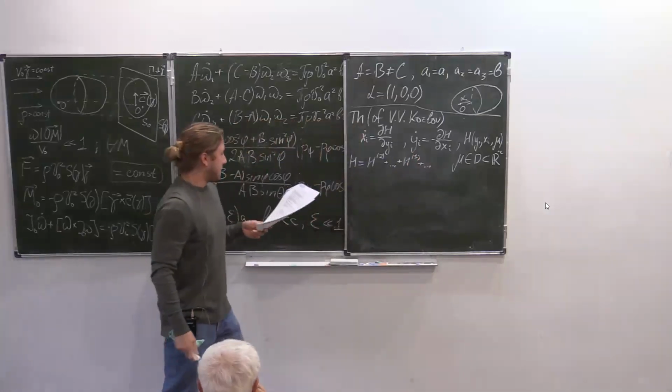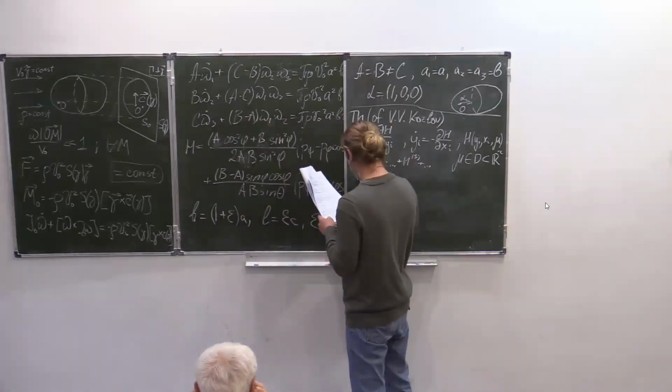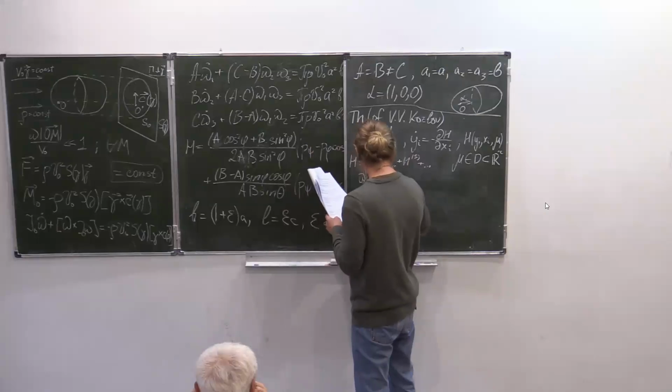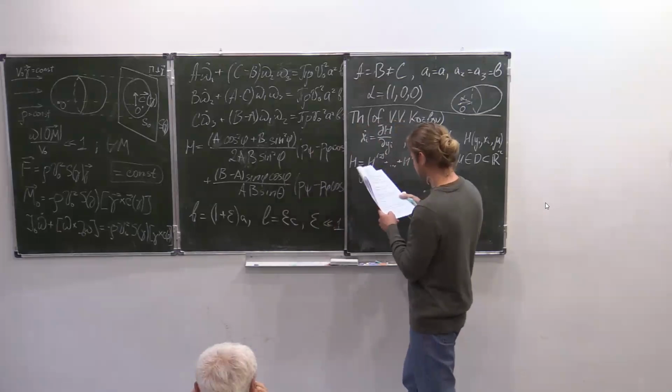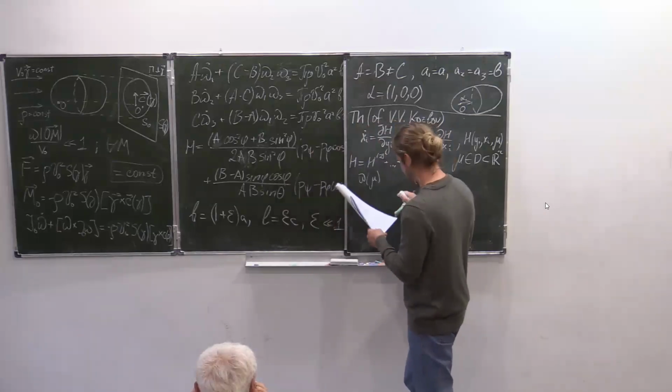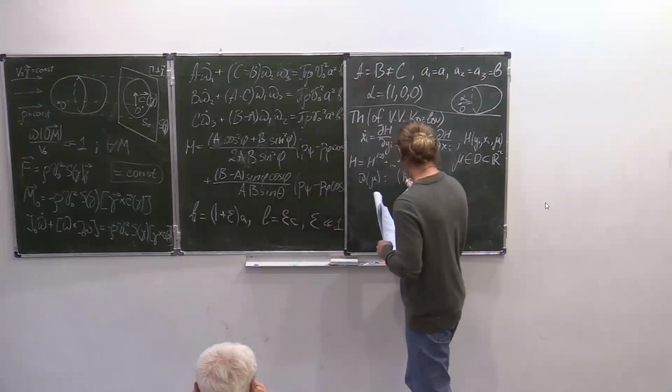Suppose that for any mu, the frequencies of linear oscillations do not satisfy any of the resonance ratios of order m-1.